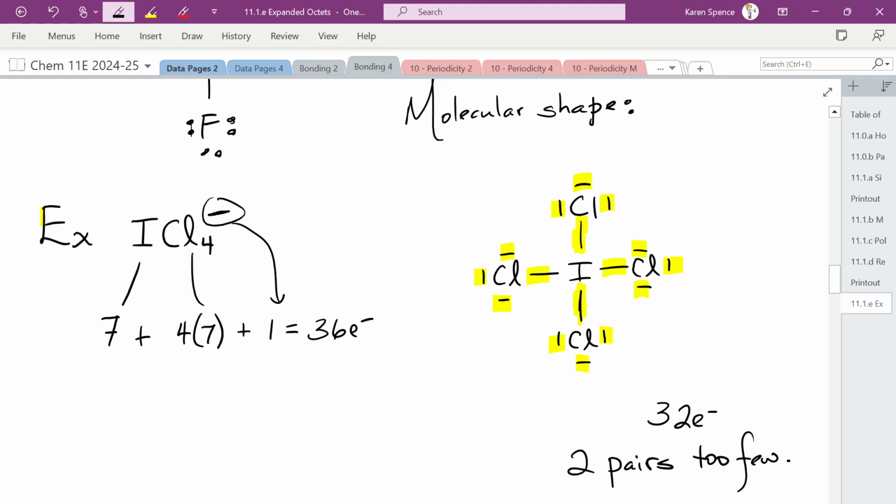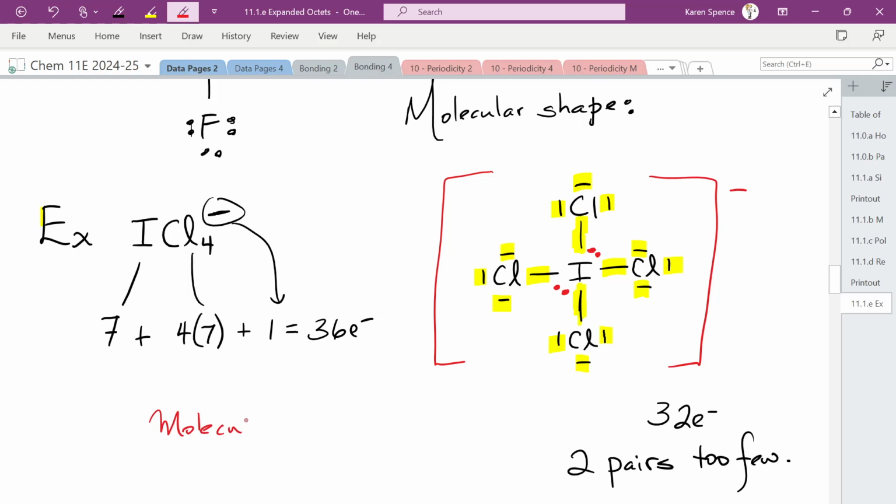Add how many lone pairs to the I? 2 lone pairs, because I've got 2 pairs too few, and you can just cram them in like this. Here we go. Yeah? And then you can put brackets around it and your charge because it is an ion. And then I'm going to ask you, what is the molecular geometry?